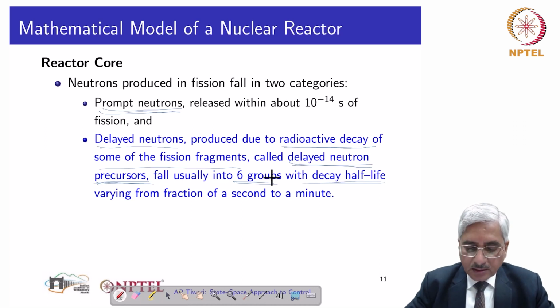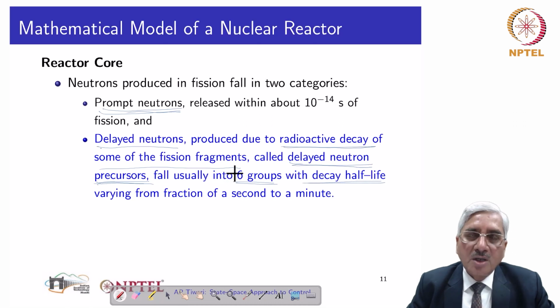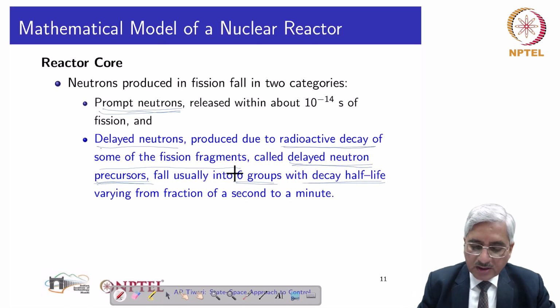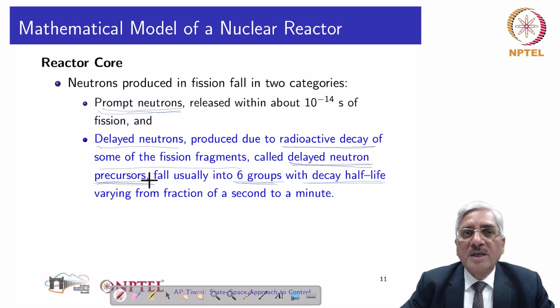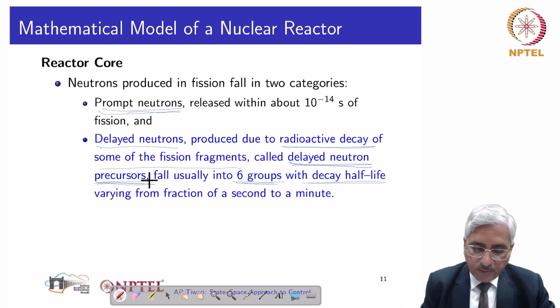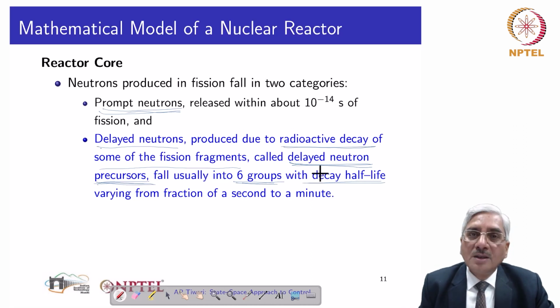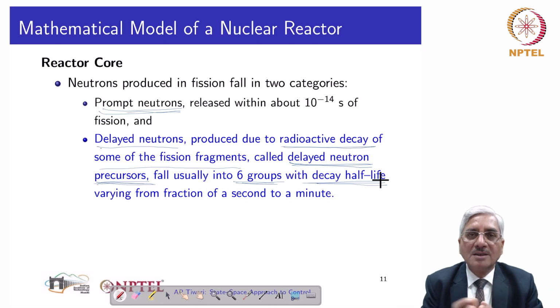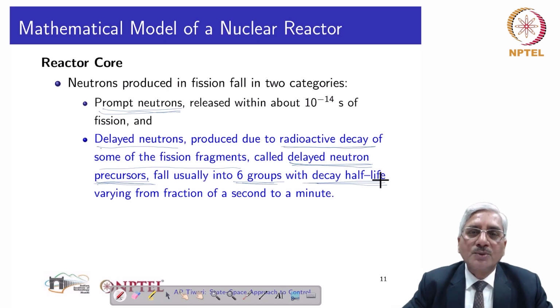A realistic, detailed modeling should consider all 6 groups of these delayed neutron precursors, but we will consider the so-called single group approximation, in which we consider only one group which is representative of all the 6 groups, with a decay half-life derived from the entire spread, lumped into one.